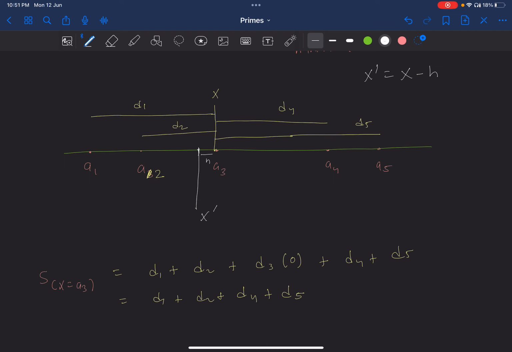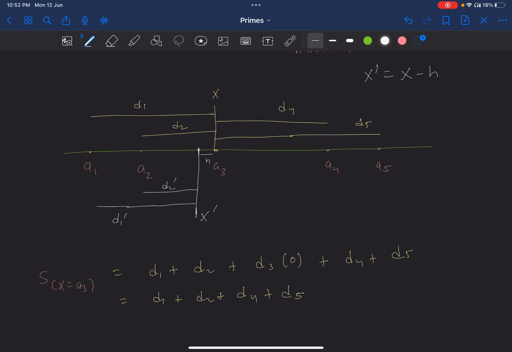So now let me remove this and write it properly. Now let's try to do that distance thing again. What is the sum of the distance from a1 to x dash? We can say that this is d1 dash. Similarly, with d2, we can say it is d2 dash.